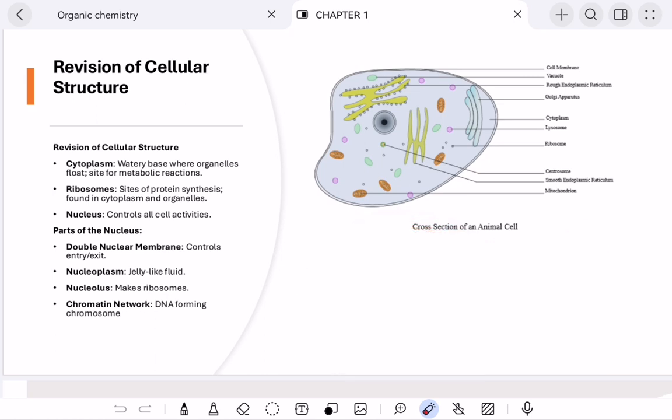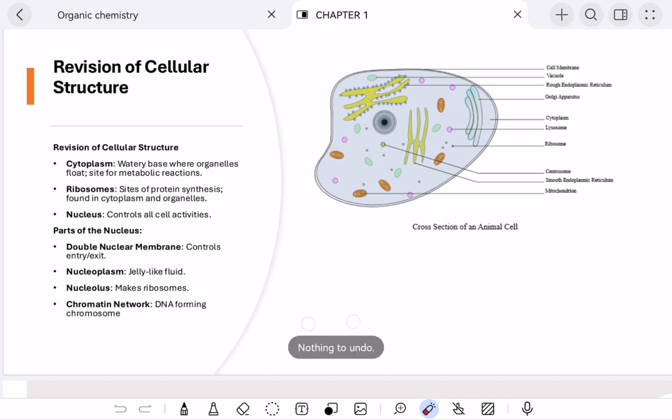That is what we mean when we say that the nucleus has a double nuclear membrane. The nuclear membrane controls everything that enters and exits the nucleus, right?